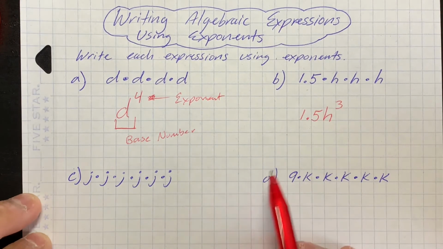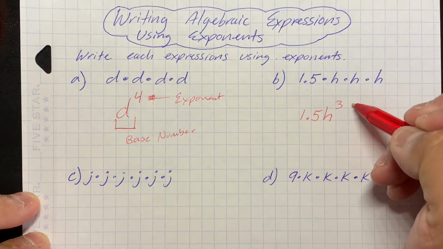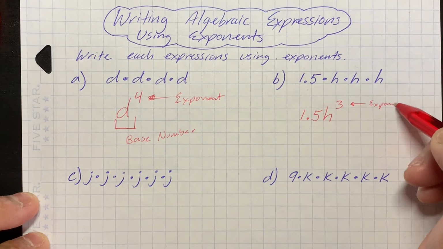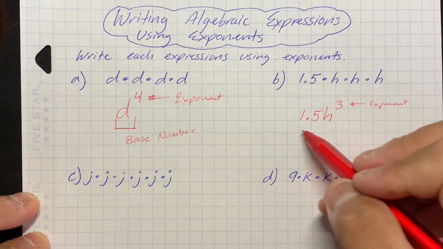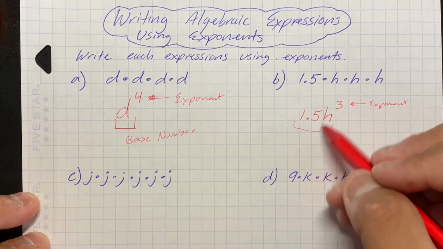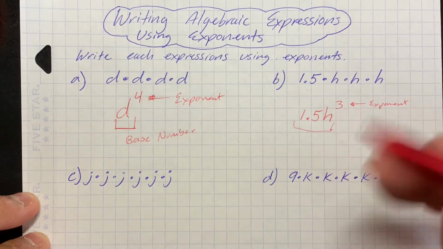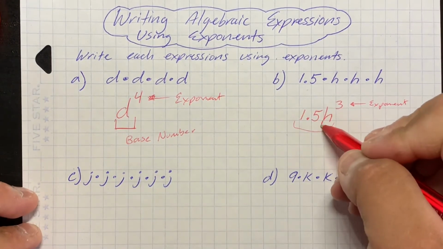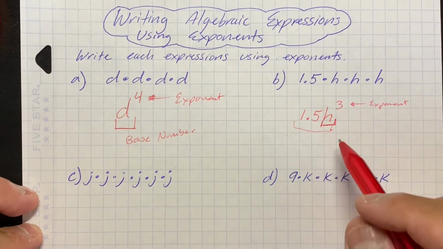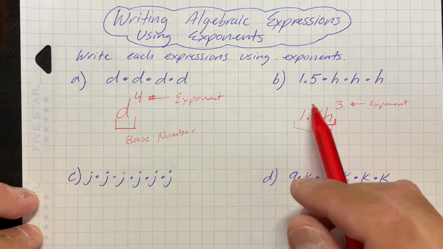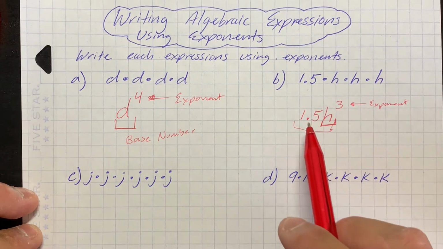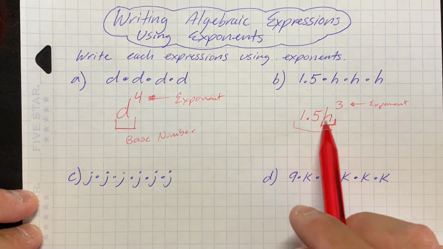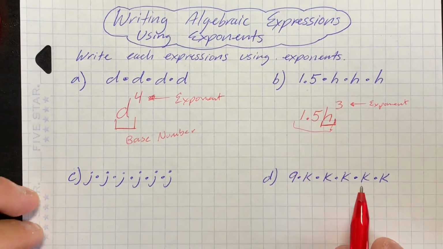Again, h to the third power: the 3 is your exponent. Your base number is just h, the variable h. Now again, don't forget that between your coefficient and your variable, the operation is multiplication.